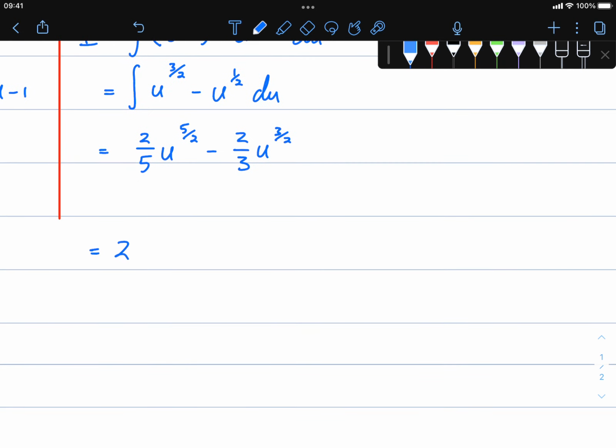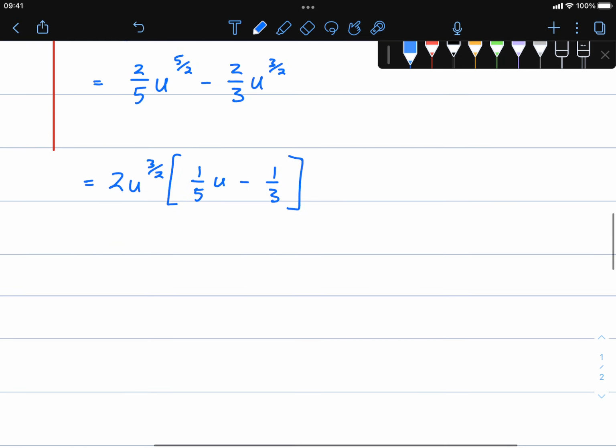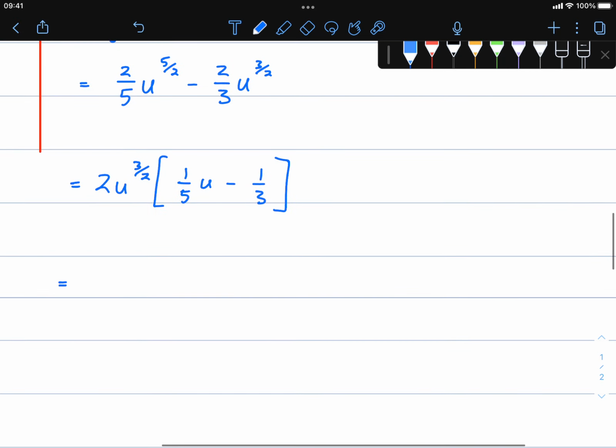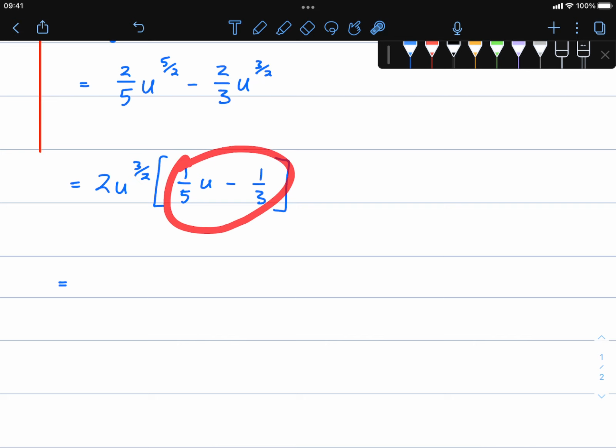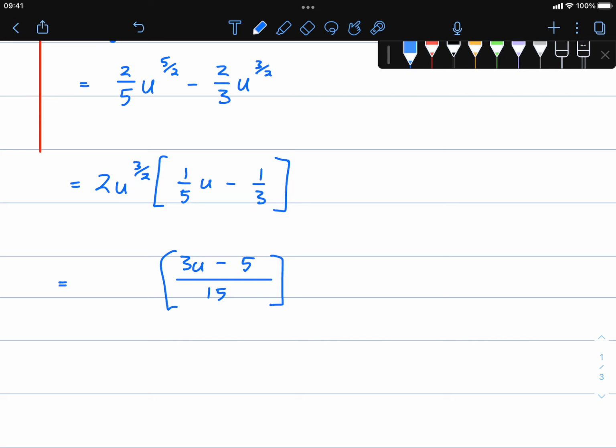We get 2 outside of u to the power of 3 over 2 times 1/5 u minus 1/3. I'm going to combine these two together, so it becomes all over 15. This becomes 3u minus 5, and this remains the same.